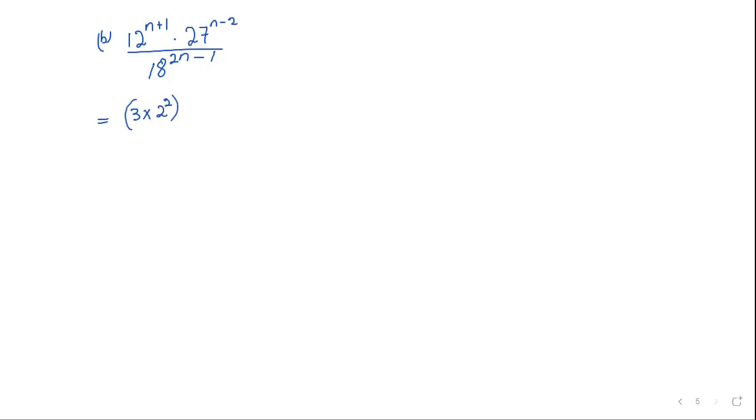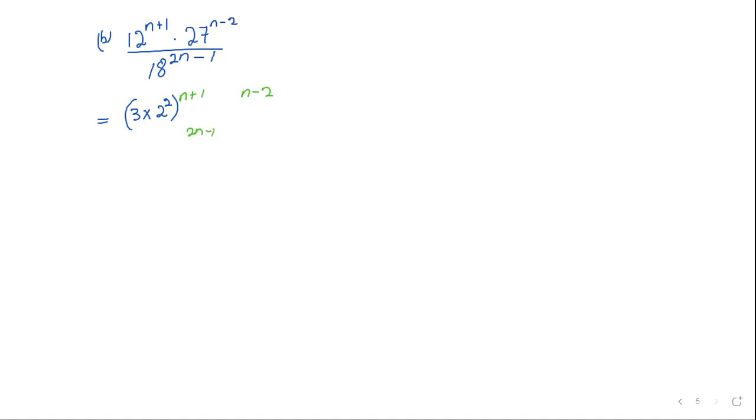And then my exponent remains n plus 1. My exponent here remains n minus 2. And my exponent here is going to be 2n minus 1.